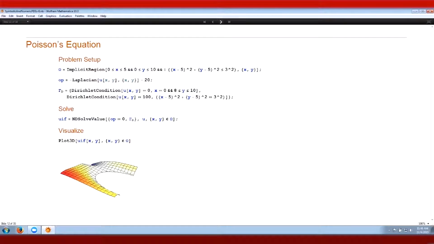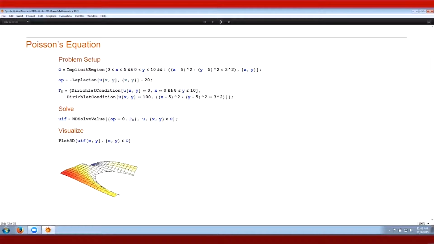The operator is a negative Laplacian minus 20, and in this first example, we specify that the Dirichlet condition u, the dependent variable, is set to 0 at x equals 0 and y is between 8 and 10. So that's the left and upper corner of the region we just saw. The second Dirichlet condition sets the dependent variable to 100 and is on the half circle set on the region.